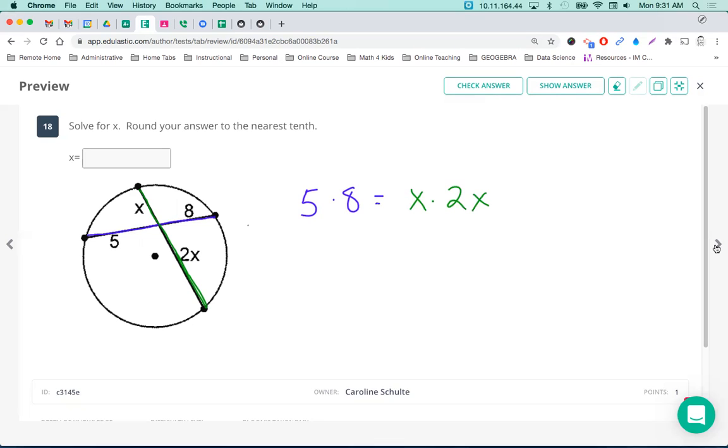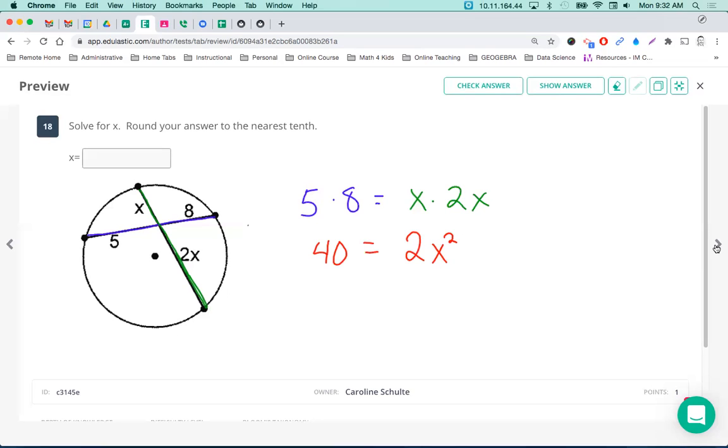Now, when we do this, 5 times 8 is 40. X times 2x, that's not 3x. And I think that's where some people are getting confused. If it were x plus 2x, that would be 3x. But x times 2x is going to be 2x squared.